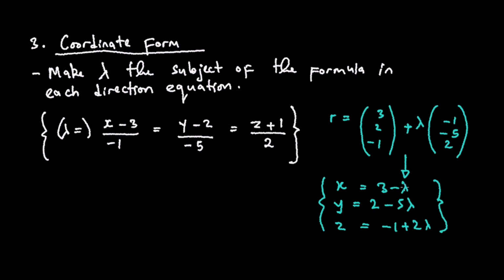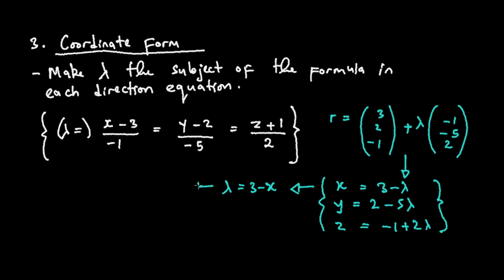Saka panapa, if we make lambda subject of formula, pana x panapa, munoona kuti inenge ichiti lambda, because tinoendesa minus lambda kuside uku, toendesa x kuside uku, is equal to 3 minus x. Like that.